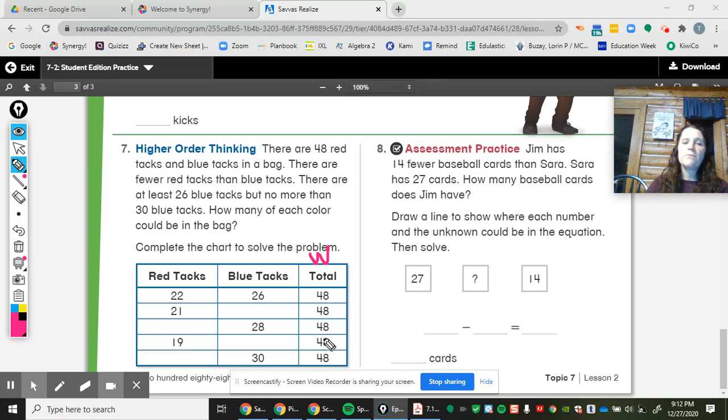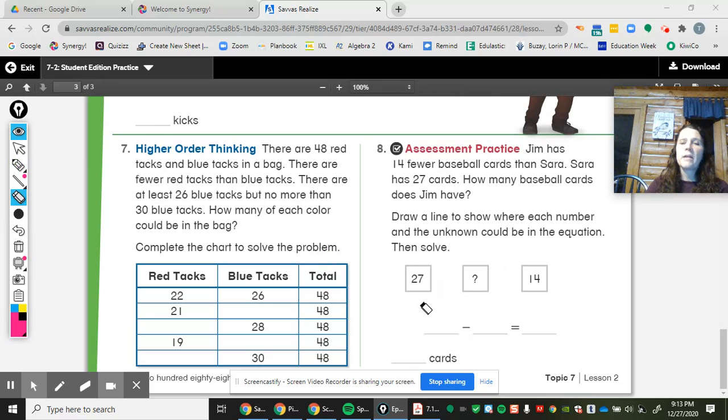So for these 4 down here, from the second one all the way down to the bottom of the chart, you're going to subtract to figure out your answer each time. If you need to use another sheet of paper, do that. Or you can kind of stack around the chart here and do your work. Okay? So that's how you're going to solve that one.